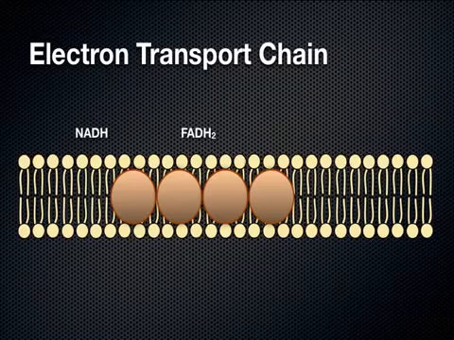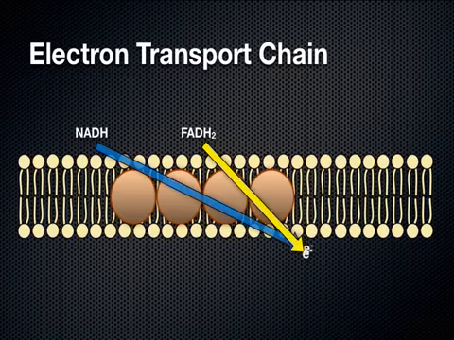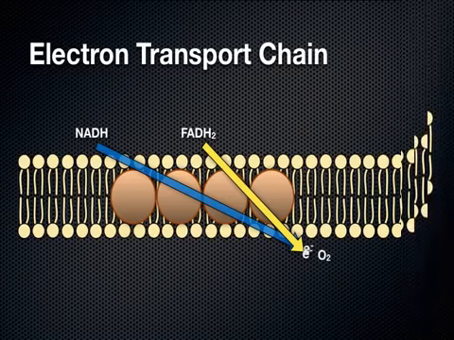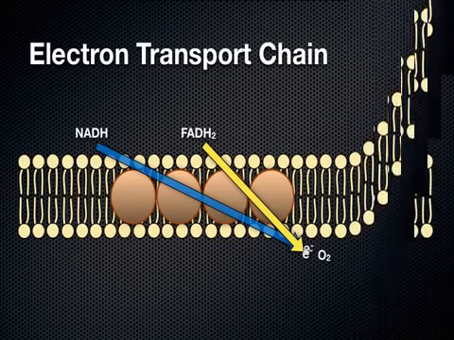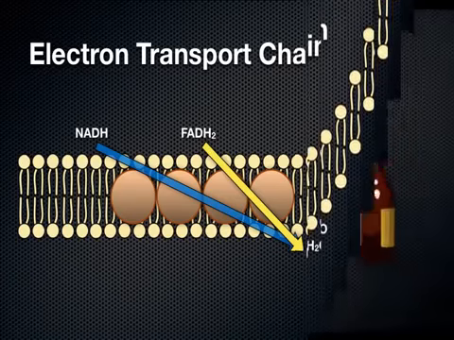They're bringing the electrons. They bring those electrons to the electron transport chain. Those electrons go down the electron transport chain. What's the final electron acceptor? Oxygen. So it combines with oxygen to make, we're happy because we have H2O.